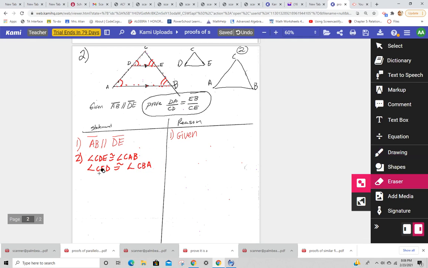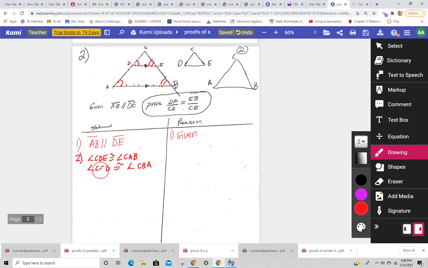Let me fix this. This is E. CED. All right, so the reason is corresponding angles are congruent. Okay, well, that's enough to say that these two triangles are similar because they have this angle in common and they have this angle in common.